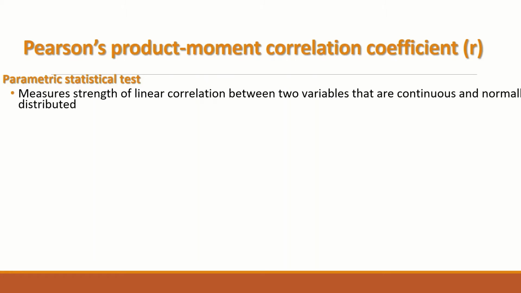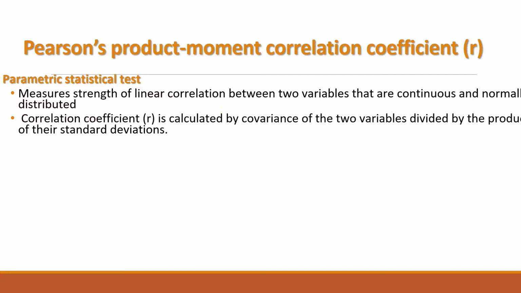The test measures the strength of a linear relationship between two variables that are continuous, such as interval and ratio, and normally distributed. The test calculates the correlation coefficient, the R, which is the covariance of two variables divided by the product of their standard deviations.